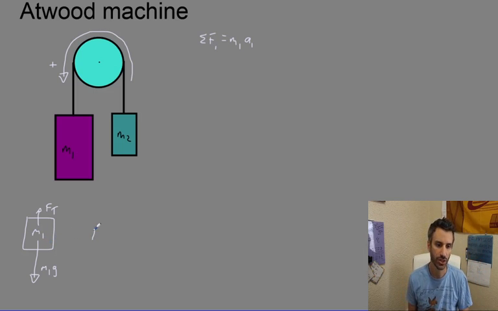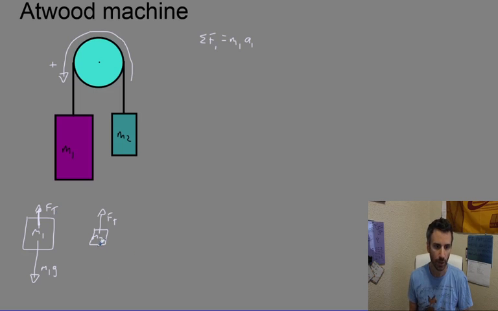And then for object two, so this is mass 2, now I want to draw a free body diagram for that. So in this case, we have a force of tension. I'm going to draw that force of tension to be basically about the same size as this one. Maybe I can make that slightly longer, just that way they look a little bit more symmetrical.